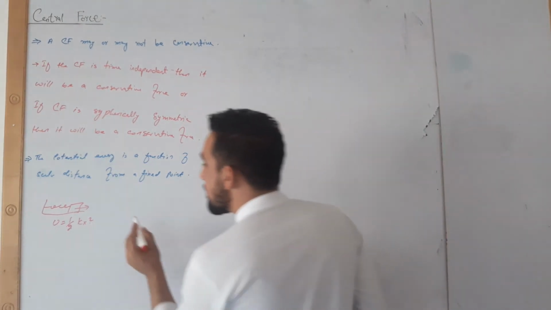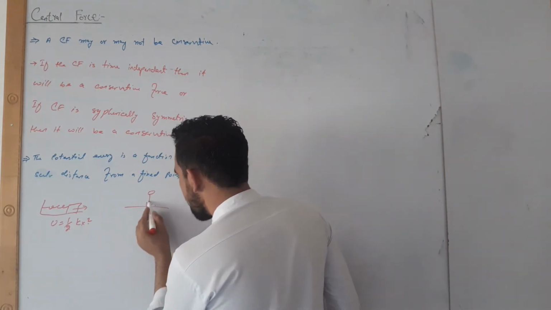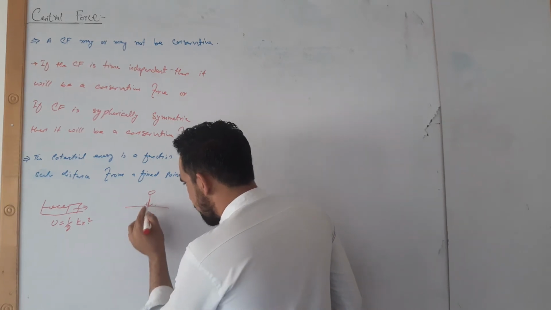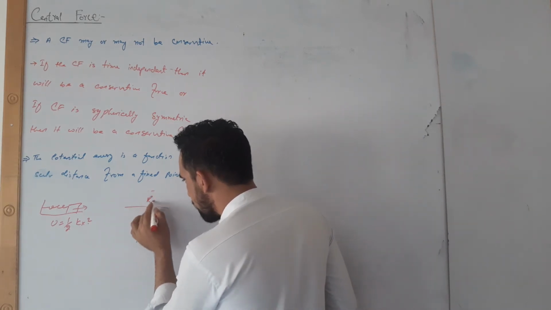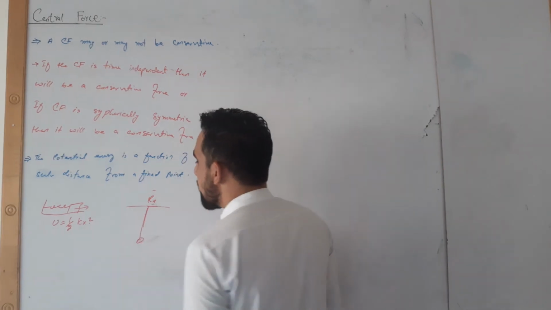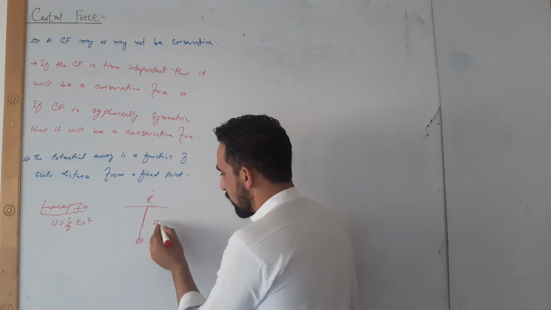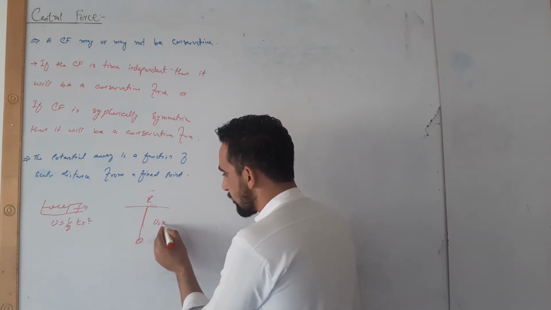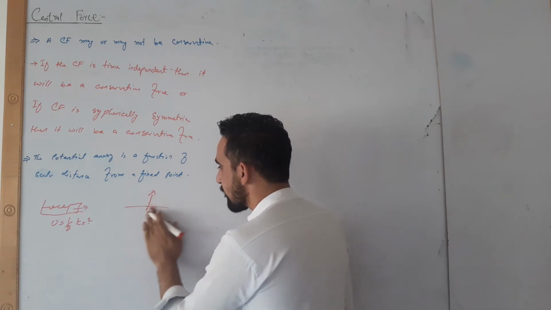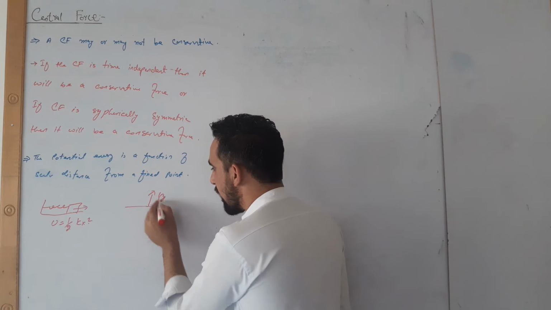and the other one is gravitational force. Let's say this is the center of the earth. So potential energy is a function of position: U is equal to mgy.